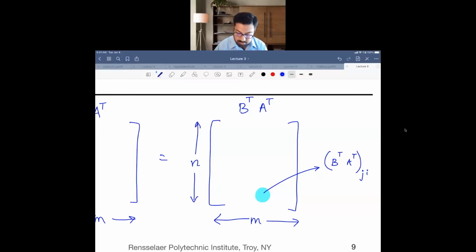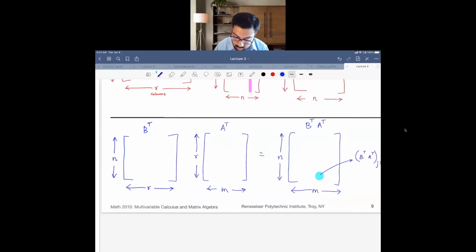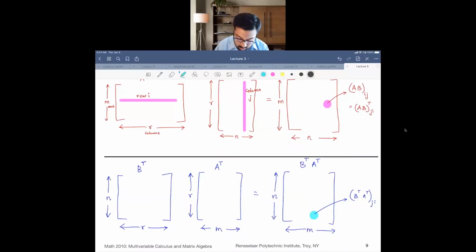How do you get that particular entry? Well, you are going to need row j in B transpose and column i in A transpose.